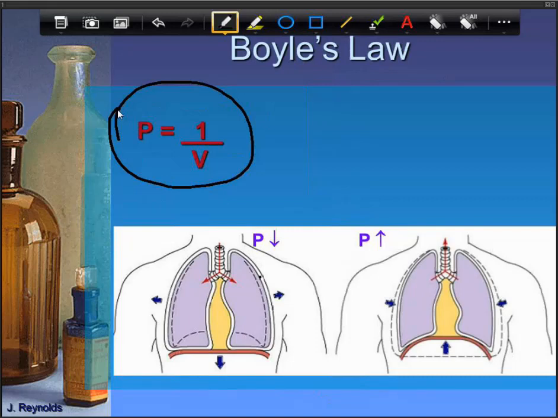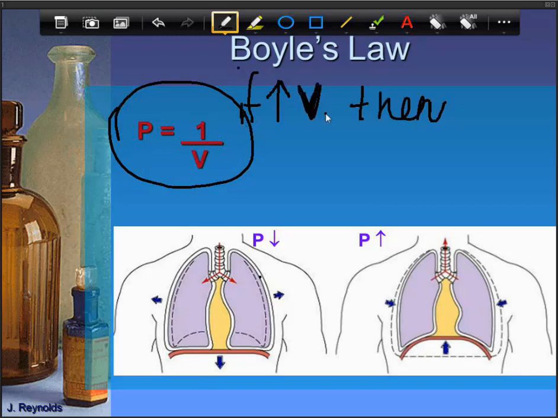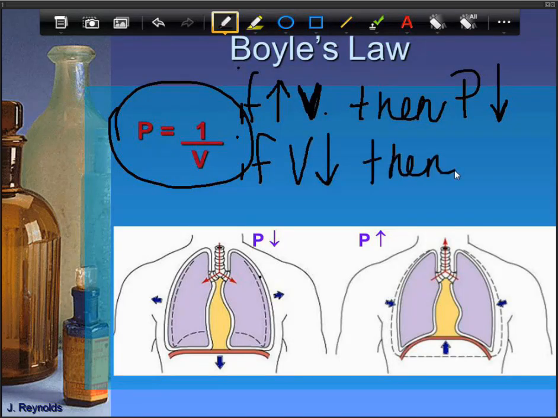Basically, it says that if the volume of the container, like the lung, goes up, then the pressure in that container will go down. Inverse relationship. If the volume of the container goes down, then the pressure in the container goes up. That is Boyle's law as it pertains to here.